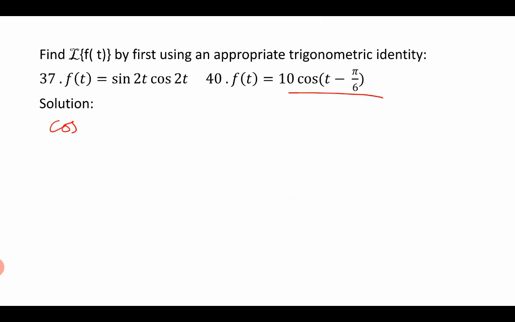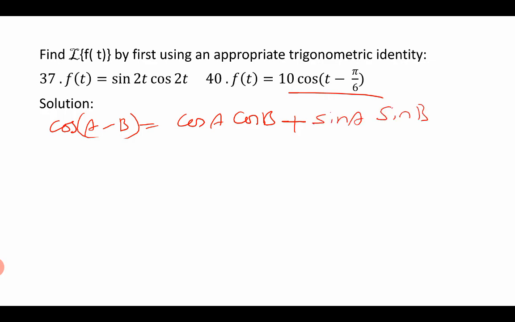We should have another identity. Cosine of a minus b is cosine a cosine b plus sine a sine b, and here a is t, b is pi by 6 in the formula.